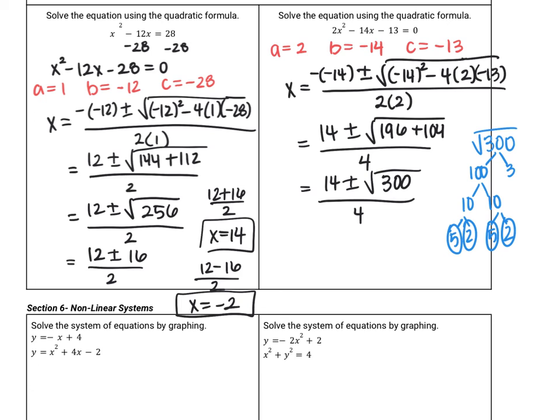So when we simplify it, we're going to get 14 plus or minus. If you have multiple pairs of numbers, they multiply together. So we'll have 10. Underneath the square root, we had the 3 all over 4. My last step is to simplify the 14, the 10, and the 4, and they're all divisible by 2. So we're going to get 7 plus or minus 5 square root 3 all over 2.